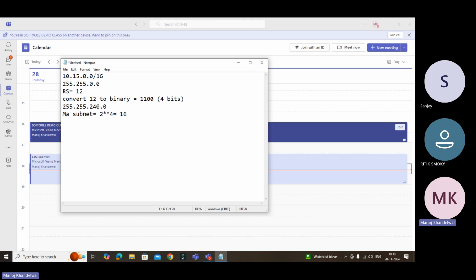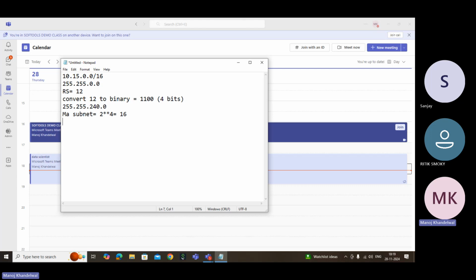Till here we are clear, right? Now we'll go to the maximum number of hosts per subnet. Be aware, guys, that this maximum number of hosts is for each subnet, not for all subnets.